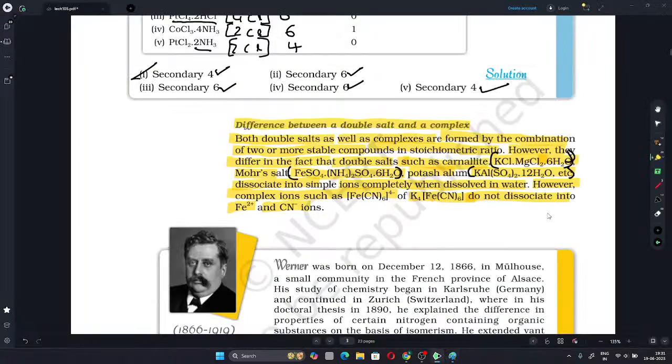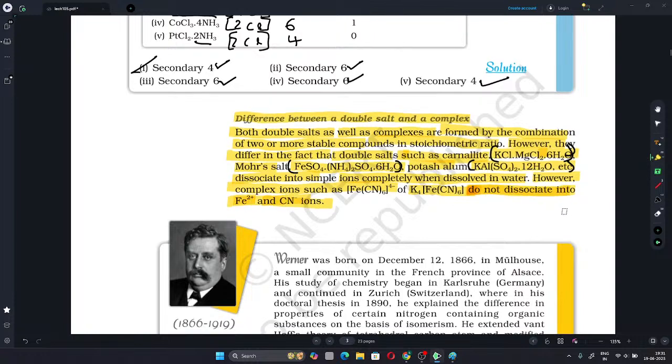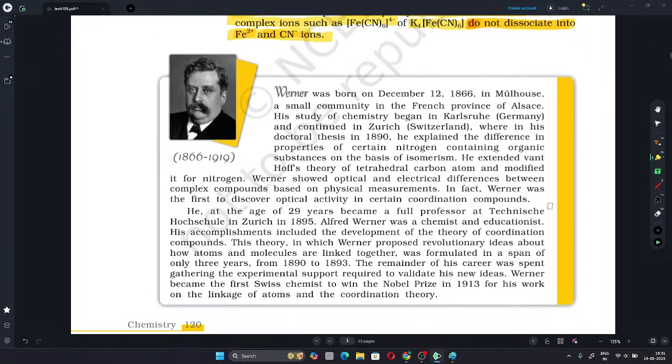Let's continue. The main difference between double salts and coordination compounds is that coordination compounds do not dissociate into ions. We can indeed spend some time to read about Werner, 1866 to 1919. Werner was born on December 12, 1866 in Mulhouse, a small community in the French province of Alsace.